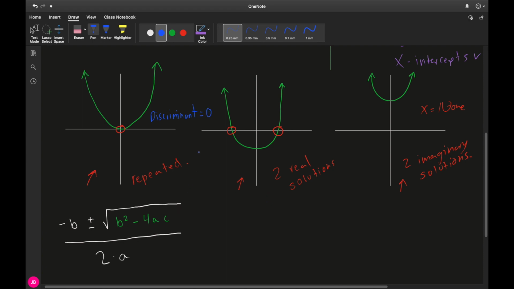Now, if the discriminant is a positive number, then we're going to have two real solutions. So this one is d is equal to a positive number. And for this one, we're going to have no real solutions and two imaginary solutions if the discriminant is equal to a negative number.